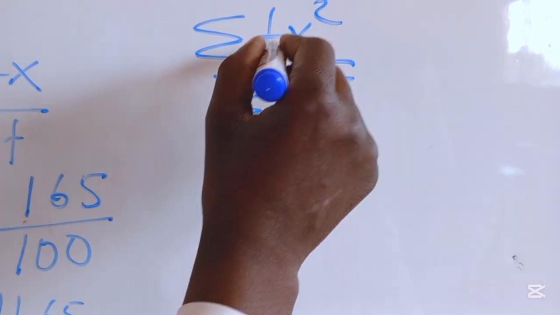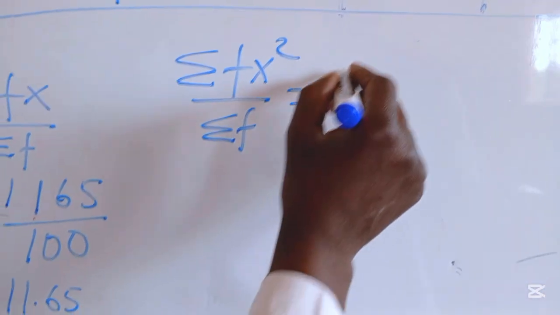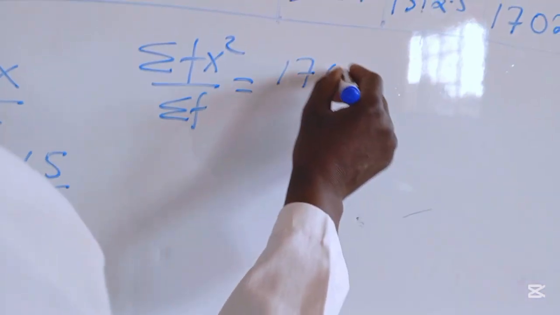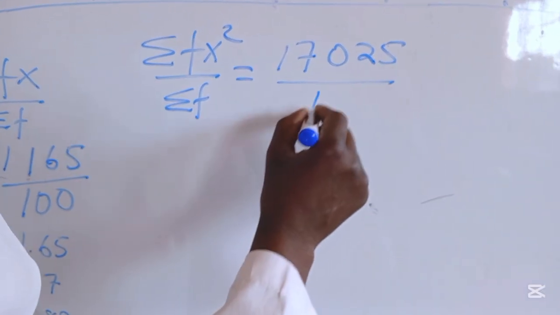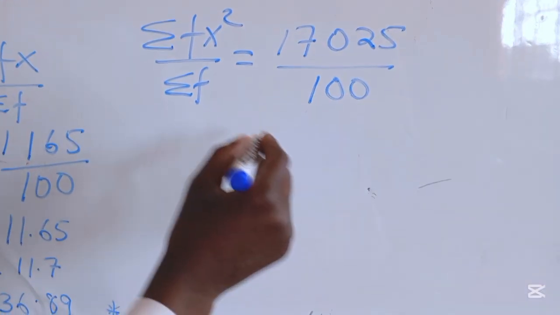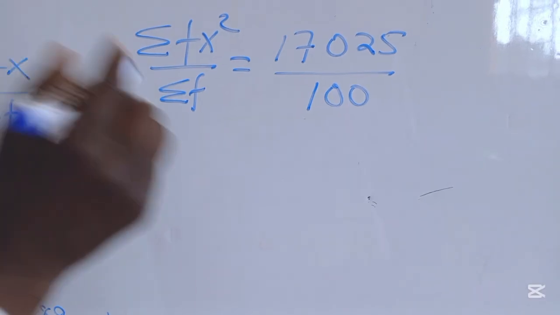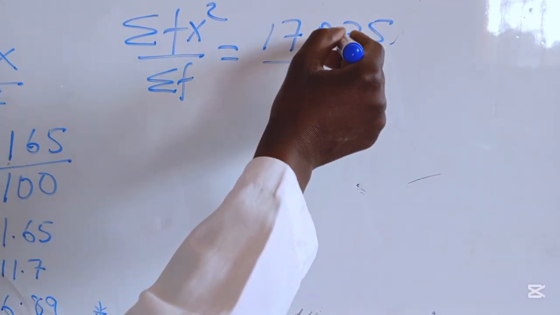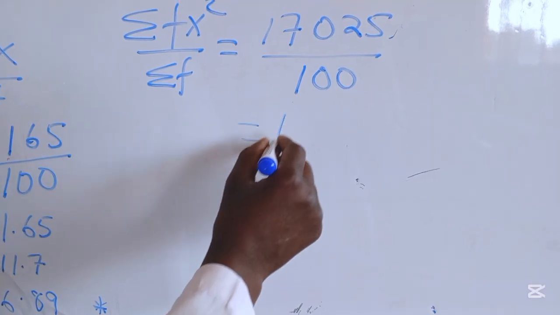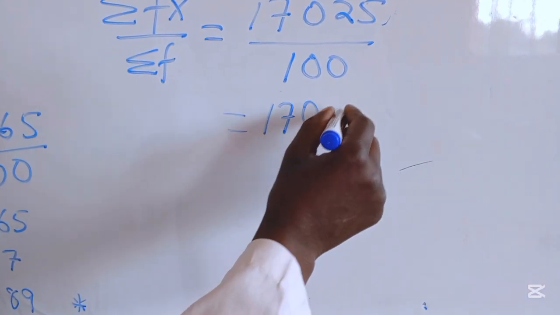You agree with me that I've got this one already. It is 17,025 over 100. So over 100, you agree with me that if you do the needful, the point will be 170.25.